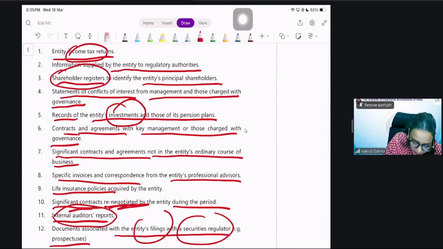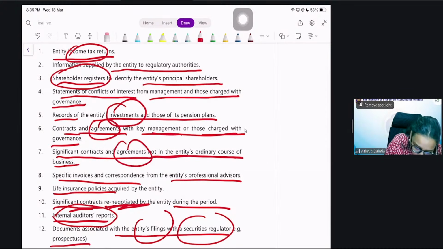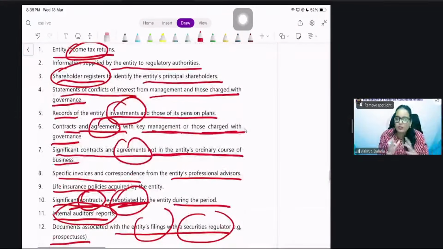Investments you can find. If you talk about agreements, agreements with key management and TCWG, agreements not in the ordinary course of business, agreements renegotiated. From all these places, you can find related party information. So if you remember at least 6 to 7 points, that is good. Okay. Try to remember at least 6 to 7 examples.